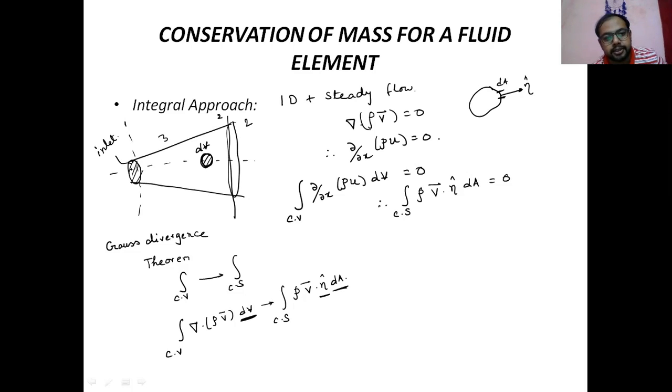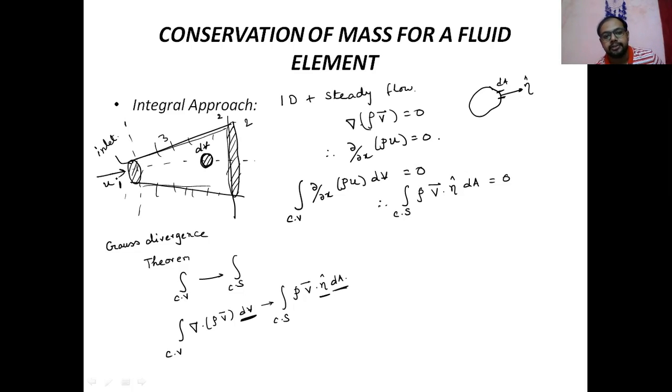Mass transfer is through the inlet and outlet. These two control surfaces we are considering here, because other than the inlet and outlet, there is no mass transfer through this portion or this portion. Only here is mass transfer happening.